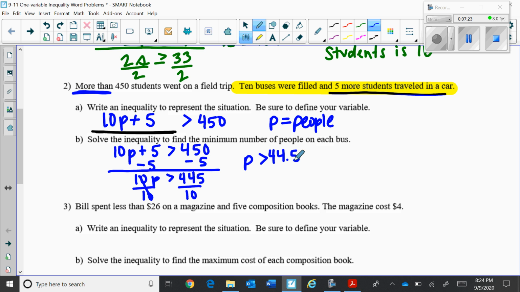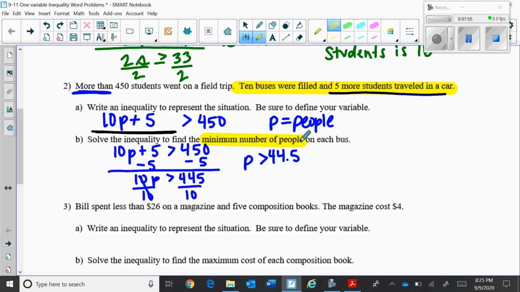This time it's asking us to find the minimum number of people, the absolute minimum, the smallest we can go. The number of people has to be larger than 44.5. Well, we can't have half of a person, so we can't just stick with 44.5. Our minimum has to be greater than 44.5, so we need to have a whole number.